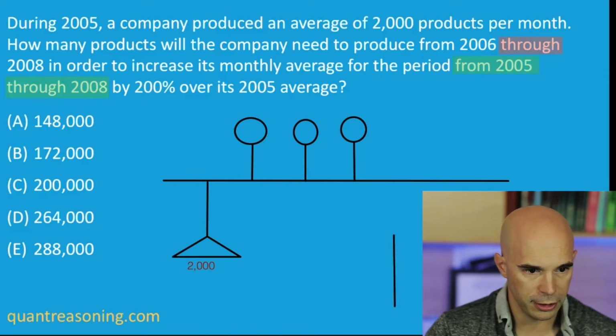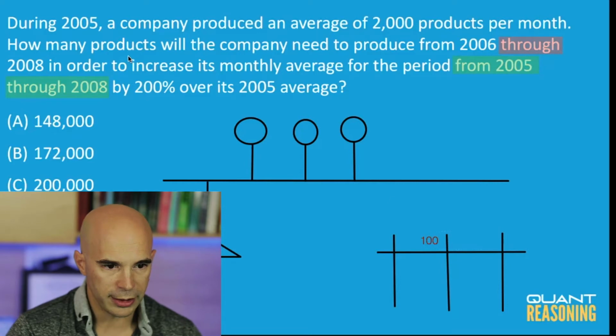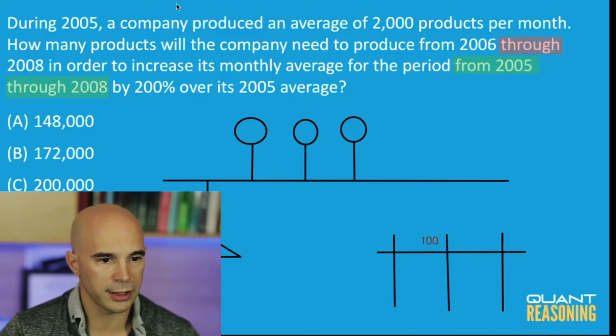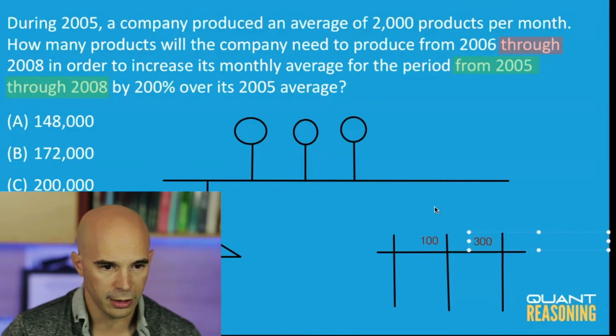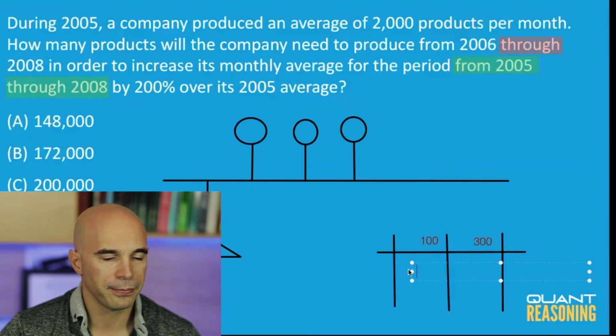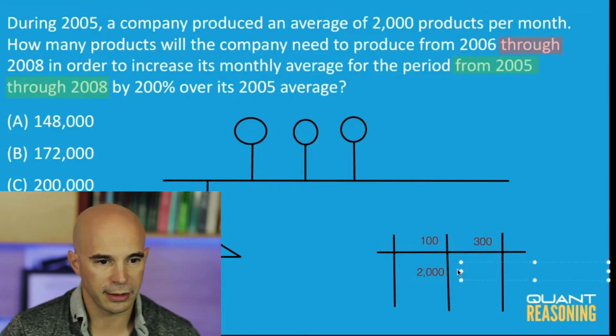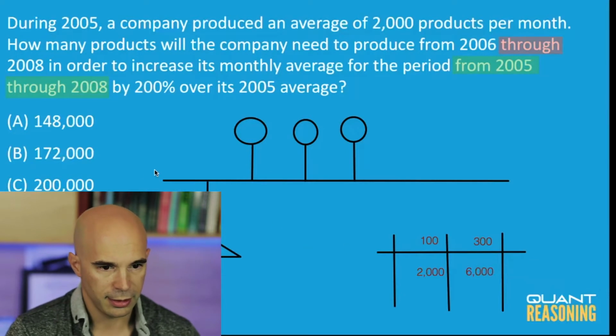Let me build a ratio table real quick, because a 200% increase, or 200% over, as usual, I'll use 100 for my starting point, and then what's 200% more than 100? In other words, we're adding 200 to 100. That gives us 300, so that's a ratio of 3 to 1. And then we'd say, well, if the actual number here is 2,000, this is going to be triple that, so 6,000.